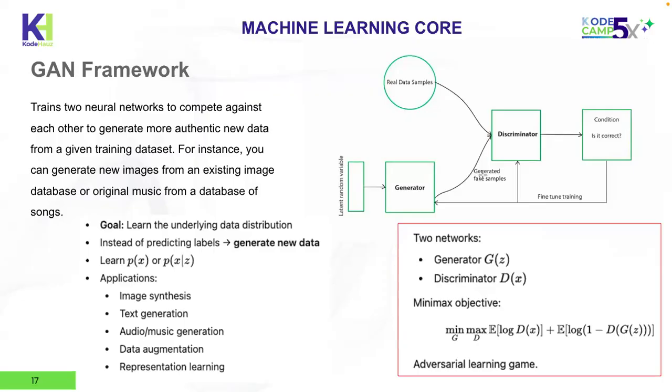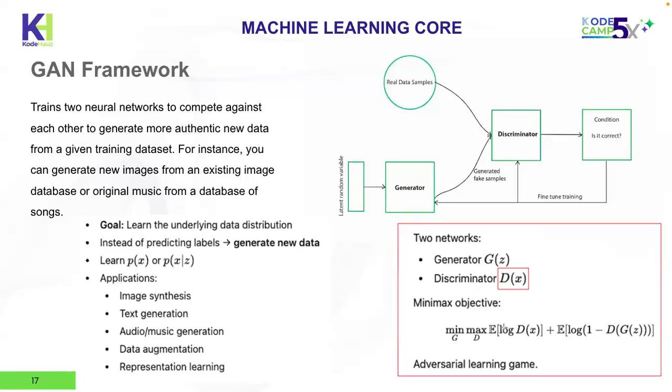But in general, it generates data that has the same distribution. Now, the discriminator is going to take the X, which is the real data, right, as well as the generated data from the generator, and it is going to calculate the difference, what it has detected as a difference.